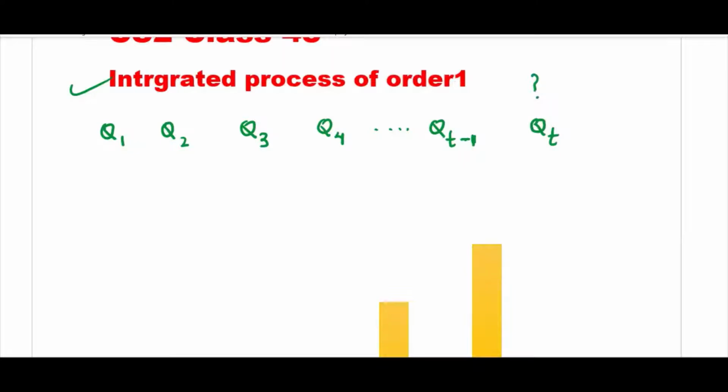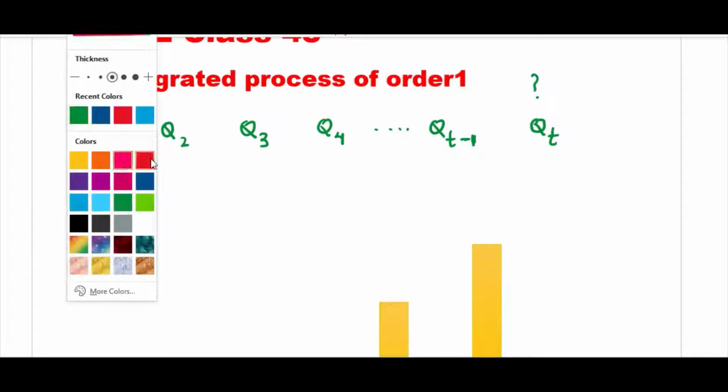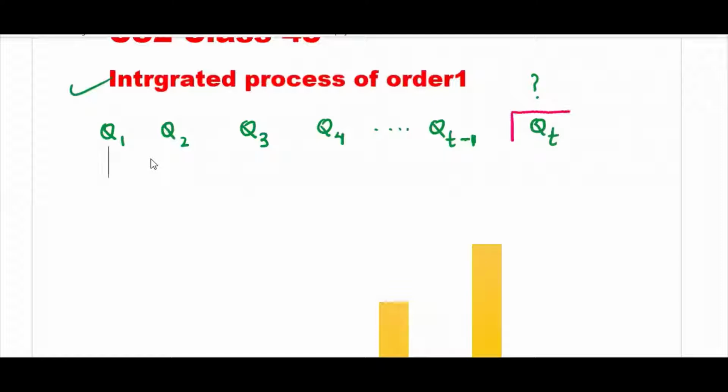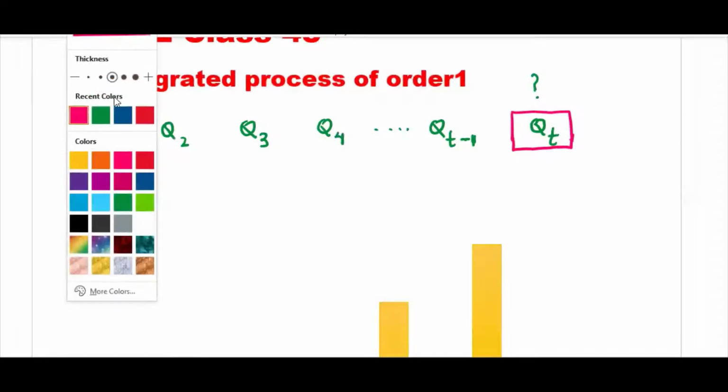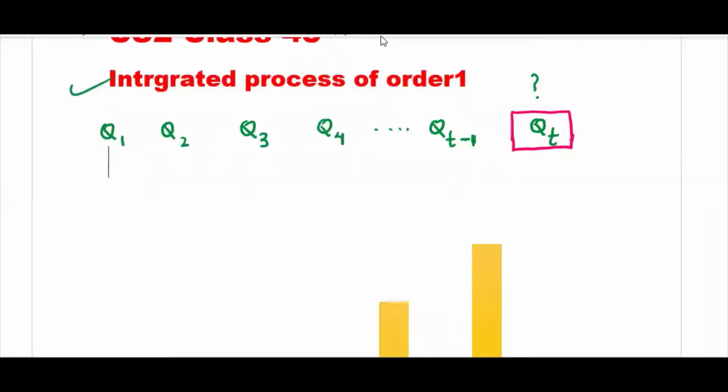So if you want to predict this one, then you can use the history of the process up to t minus 1. The values are available for you. You can use the values. It's not Markov because we are using all these values to predict this one. So before predicting this one, you have to check whether the series is stationary or not.